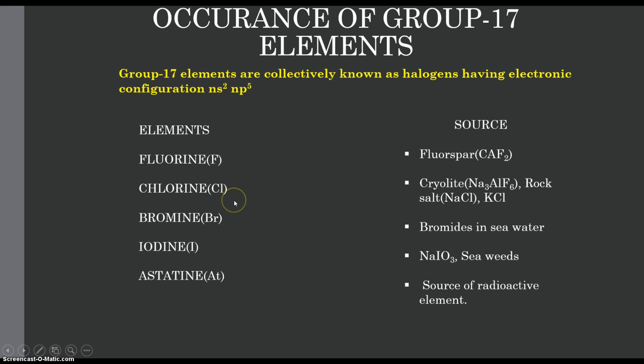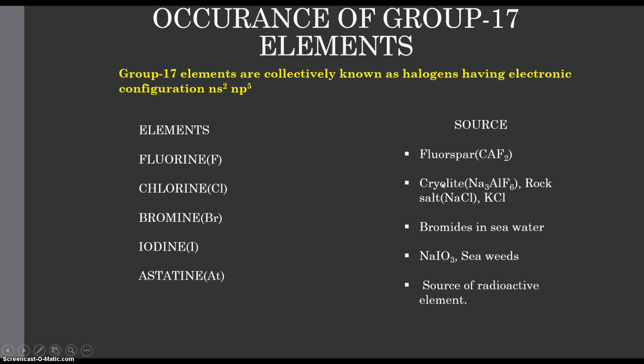These are the 5 members present in group 17, and in this slide we will be discussing their sources. First of all, fluorine is obtained in the mineral fluorspar, that has the formula CaF2, calcium fluoride. Chlorine is mainly obtained in minerals like cryolite, that has the formula Na3AlF6, rock salt NaCl, and potassium chloride.